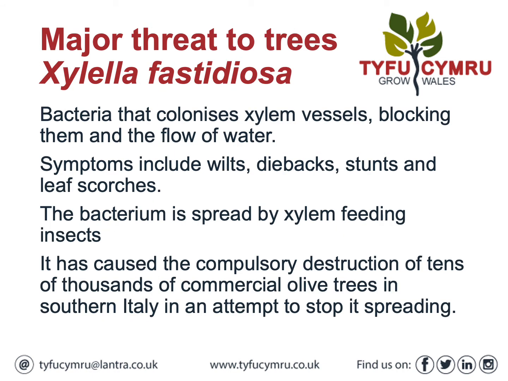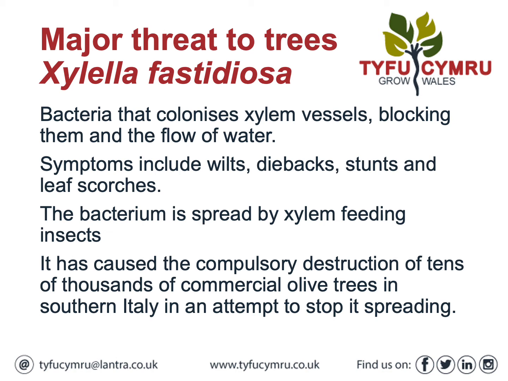Now, one of the major threats to trees that DEFRA is very keen that growers are aware of is the pathogen, a bacteria, Xylella fastidiosa. The bacteria colonize xylem vessels, which are the vessels within tree trunks and branches and leaves through which water flows.